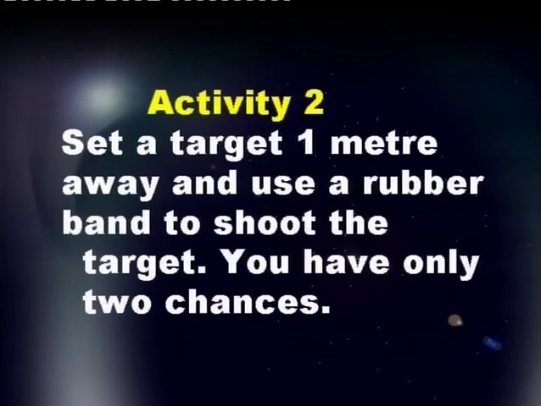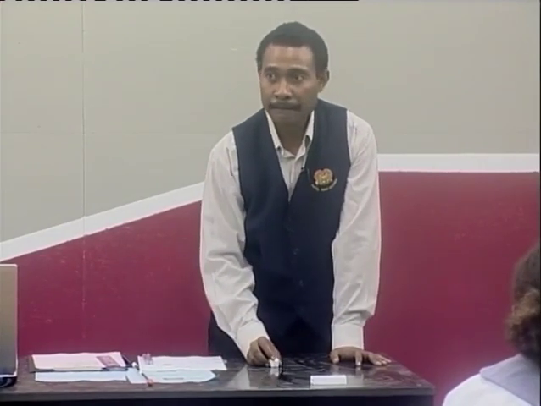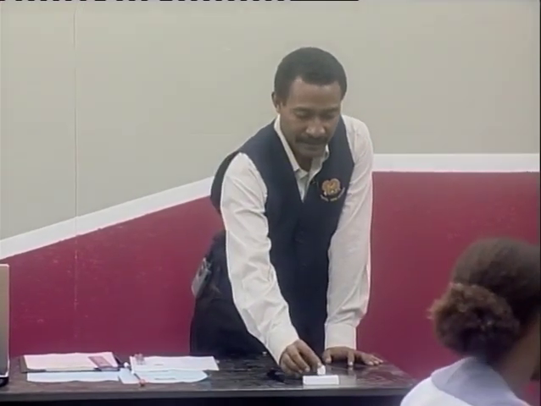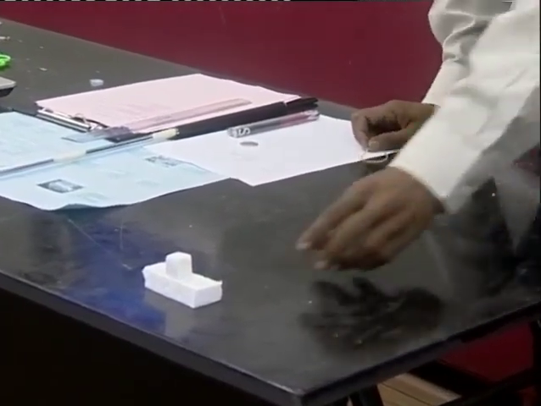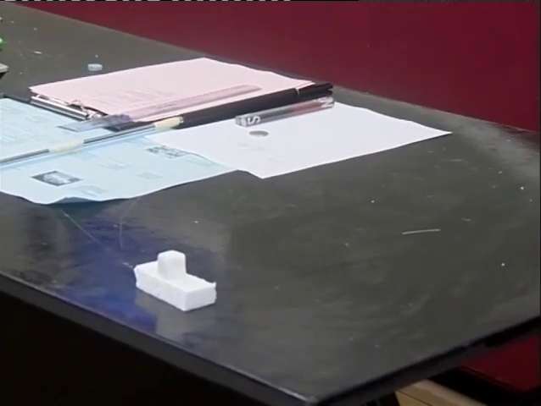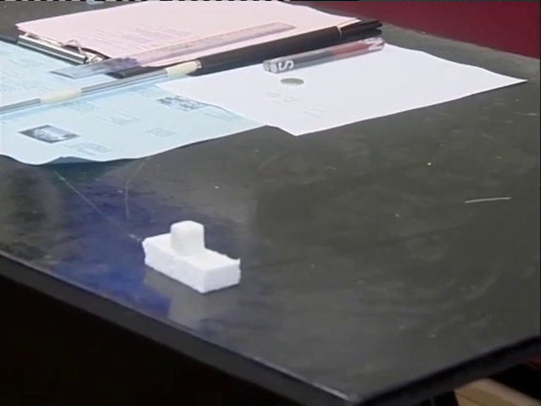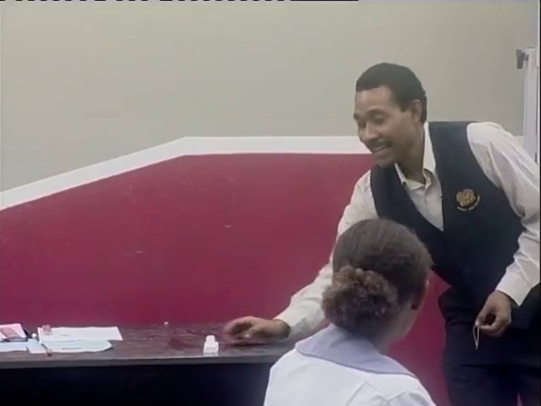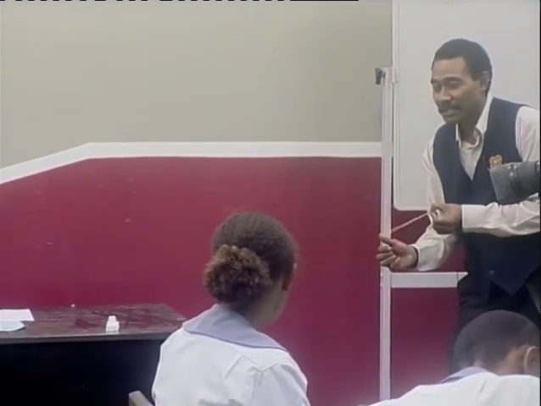Now, if you're not clear, I'd like you to look up here. For activity number 2, you will have the polyester foams. The smaller foam will be your target. You will stand away from it about a meter, and then you use the rubber band to shoot.